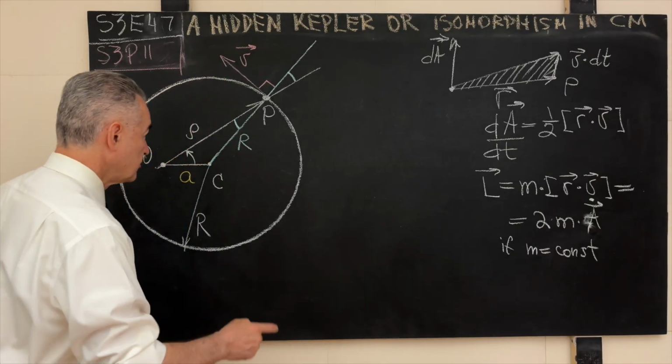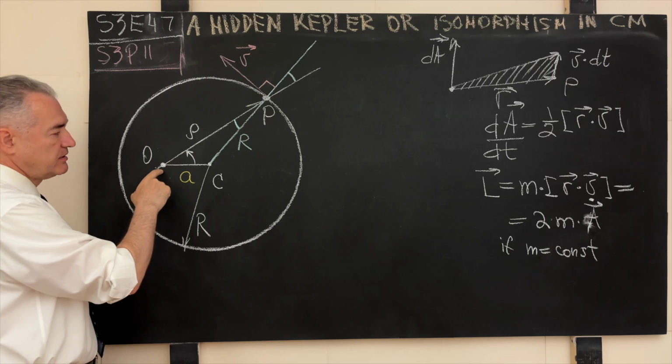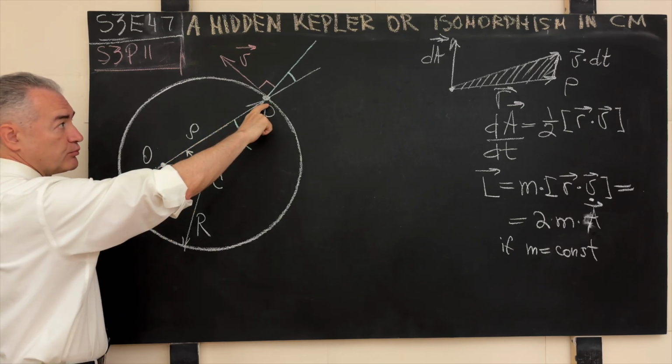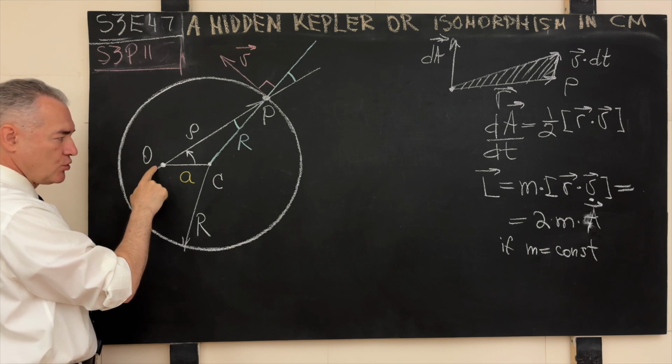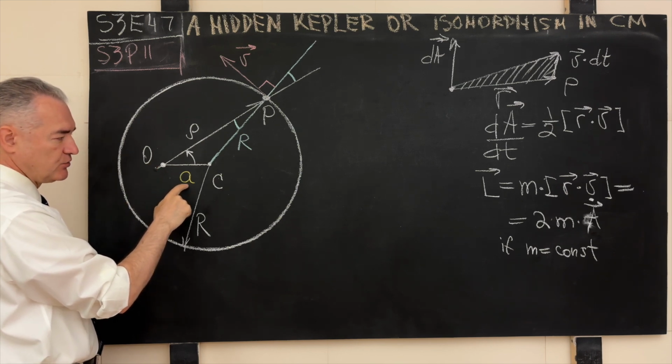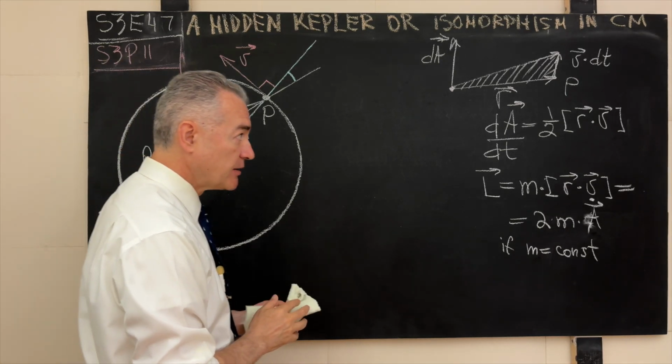And this is precisely what we're told in our problem. In our problem, we're told that the radius vector of the moving point P with respect to the specially off-center point O, that is distanced a units away from the center of the circle, remains constant at all times.